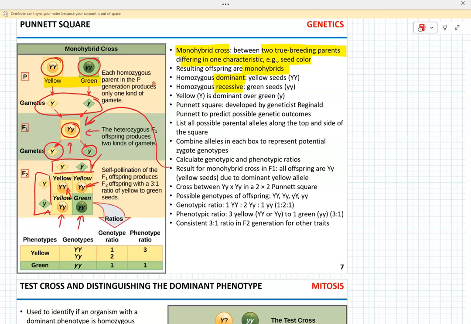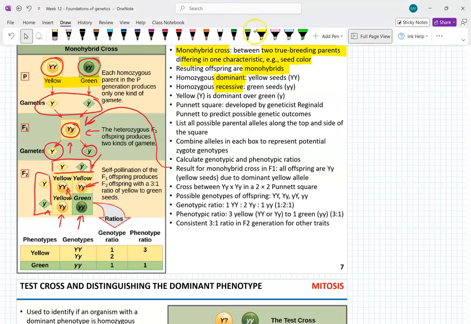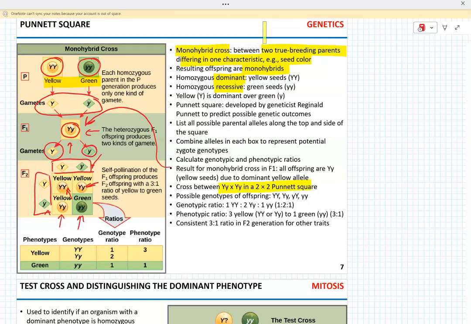When these plants are crossed to produce the second filial generation, you realize that there are 4 different types of offspring. Well, strictly speaking, 3: the combination of two uppercase Y's, the combination of an upper and lowercase y, and the combination of two lowercase y's. So the genotypic ratio, as you can see from this illustration, will be 1 to 2 to 1.